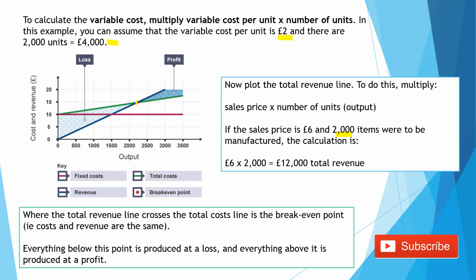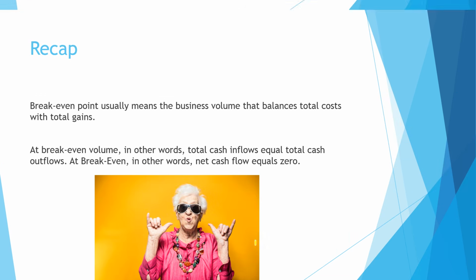So anything before that we were making losses, and anything after that we are making profit. Everything below this point is produced at a loss, and everything above this is produced at a profit. And that's basically all there is to break-even charts.